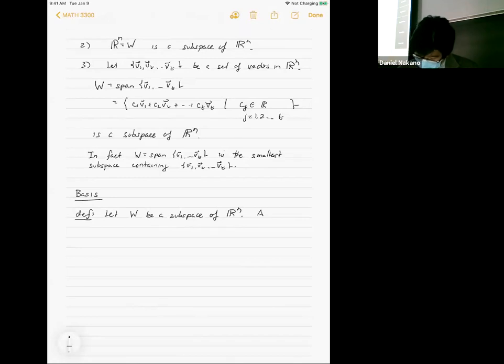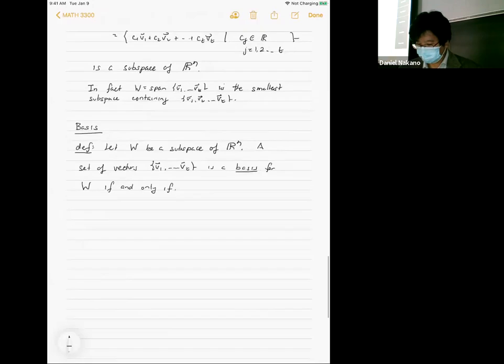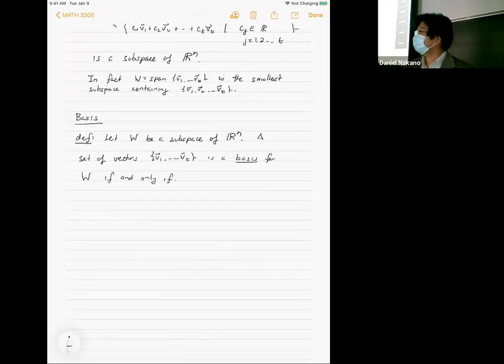So a set of vectors V1 up to Vt is a basis for W if and only if, well, let me just draw you a picture.